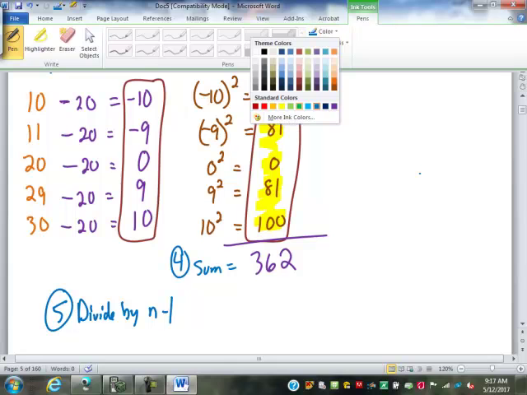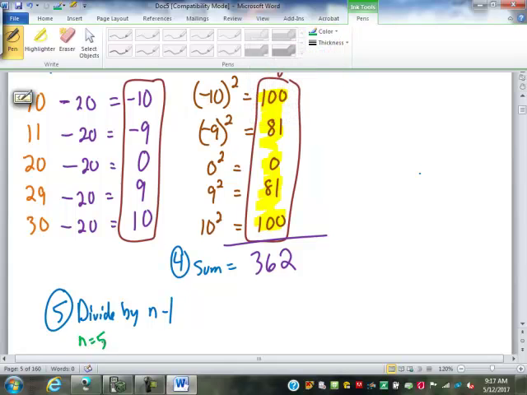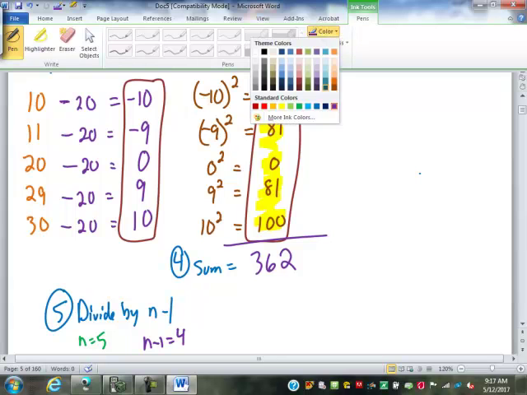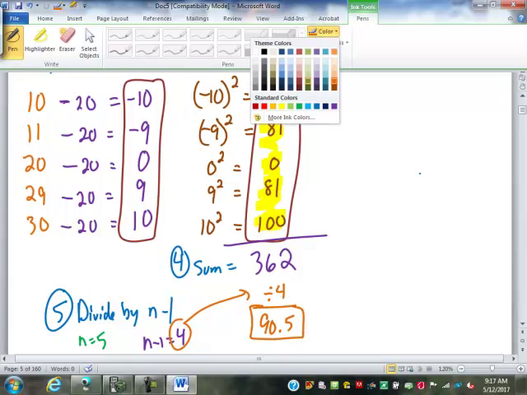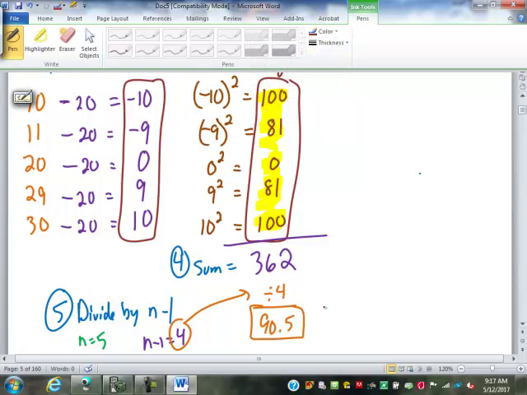So what is n? N is still 5, the number that are in the list. So n minus 1 is 4. So we are going to divide by 4. 90.5. What's the name of that? Variance. That is the variance.